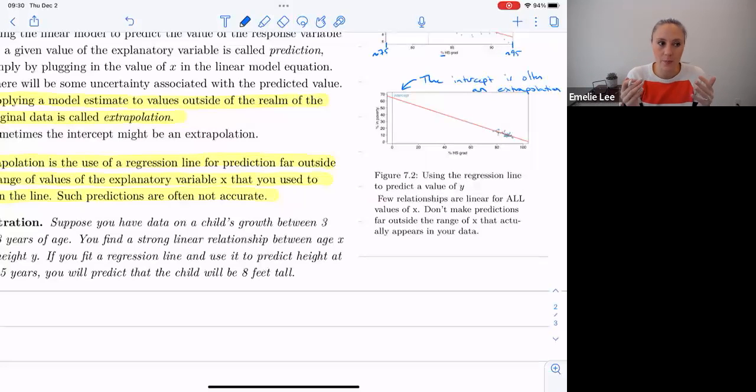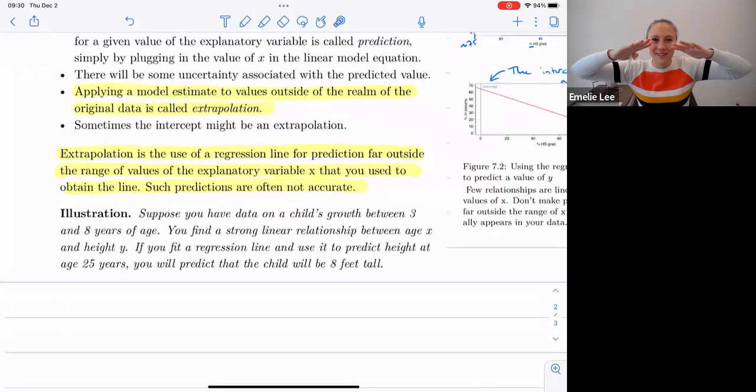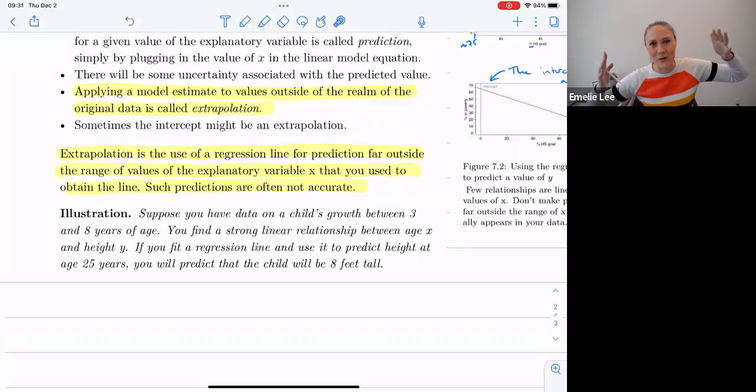For example, if we have data on a child's growth between the ages of 3 and 8, we understand that we keep growing, but then we hit some age and kind of stop growing, and then at some point we somehow shrink. Poor posture maybe, right? I feel like I used to be taller, but anyways, we have this knowledge about the data.